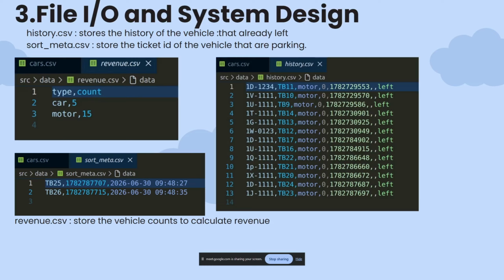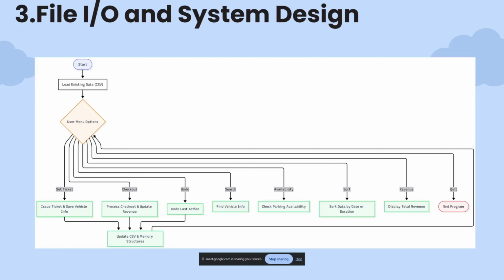If the status is still parking, it will be stored in sort_meta.csv, and for revenue.csv, we count the amount of vehicles based on the vehicle types and then calculate the cost of the ticket. Yes, that's all for my part.